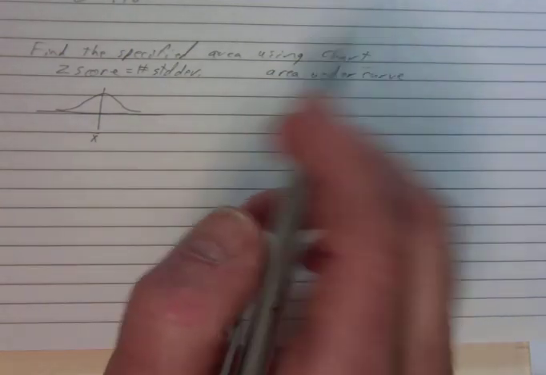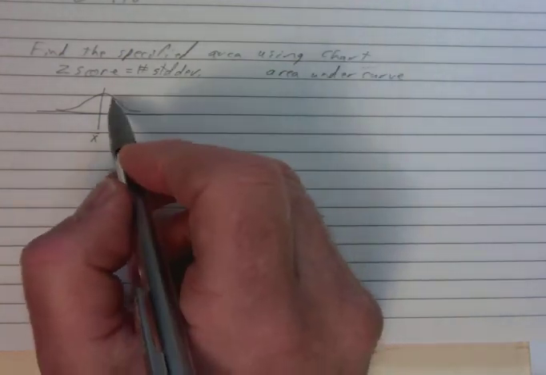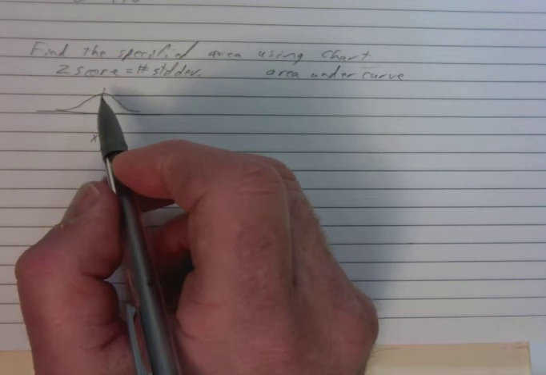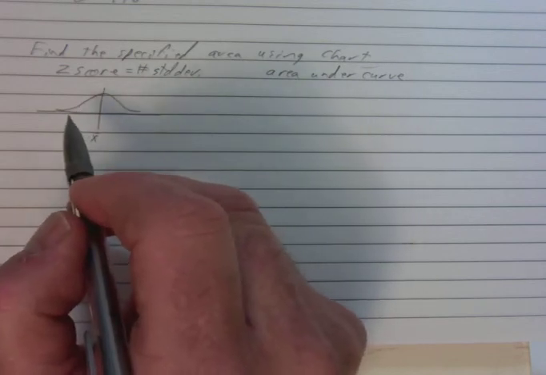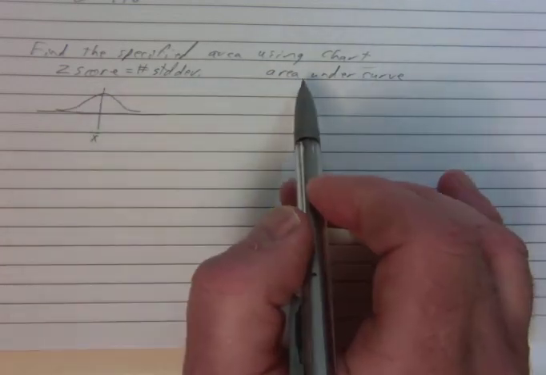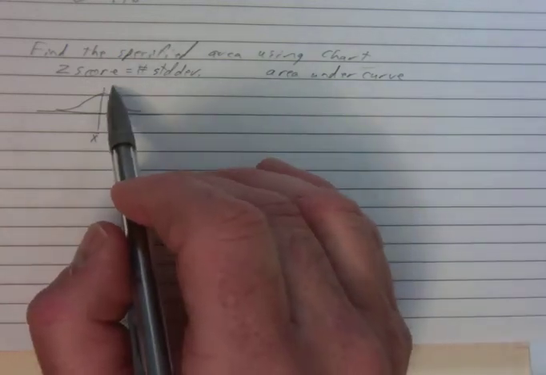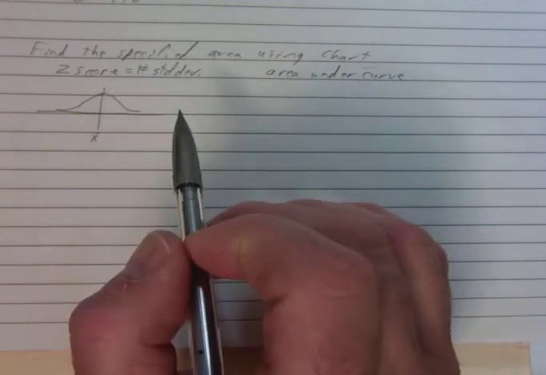In addition, the table will specify which area under the curve is represented on the table. Okay, and again, the area under the curve is determined by the z-score, the number of standard deviations.